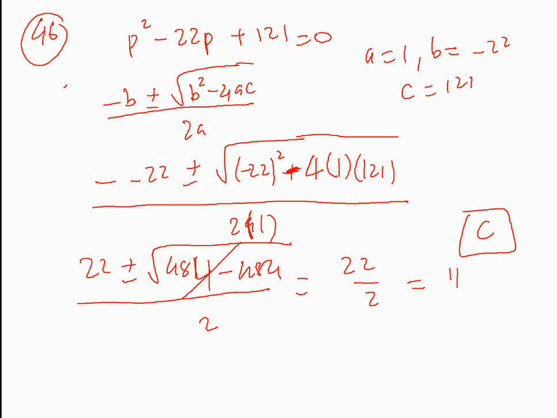The next one is 47. 81k squared plus 18k plus 1 equal to 0.